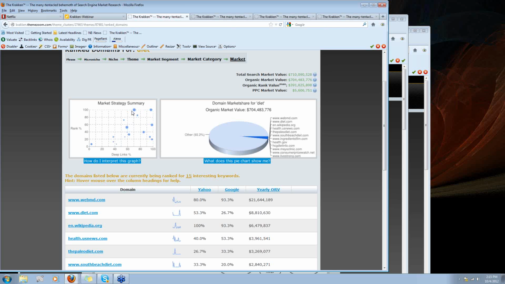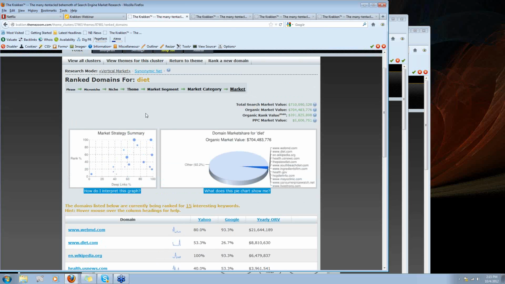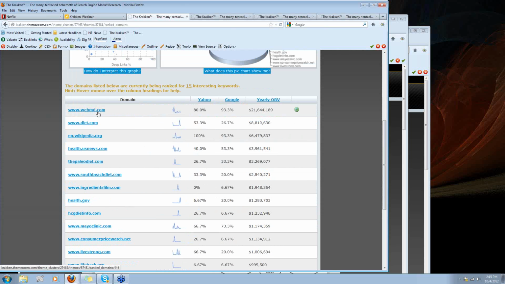They've got deep links, and the size of the dot is the number of competing pages on the site. So you've got a couple of really heavy-hitting authority sites within this particular market. Diet, I mean, you would expect that, right? You're going to have heavy educational authority sites ranking for these terms. Now, as you come down here, you've got WebMD, which is ranked for some of the most valuable keywords, and then they've got a little bit of ranking.